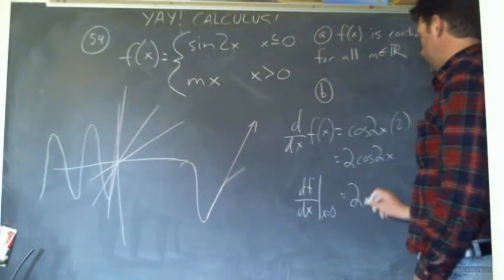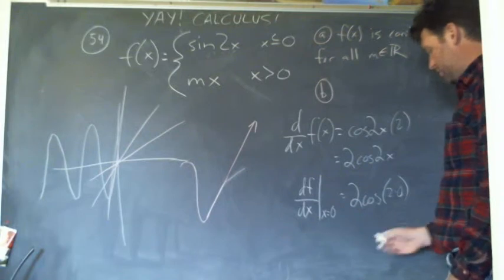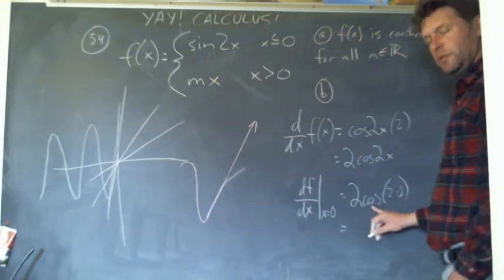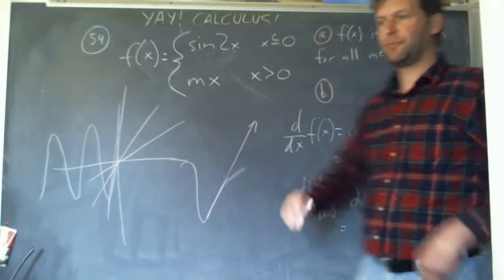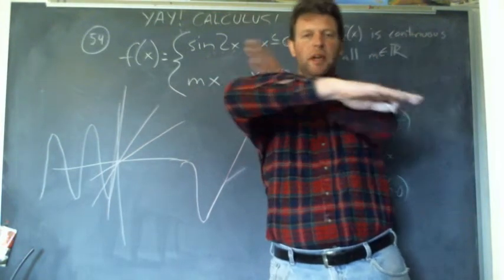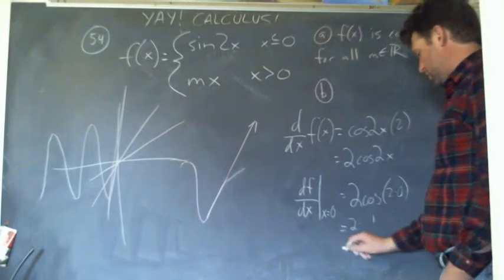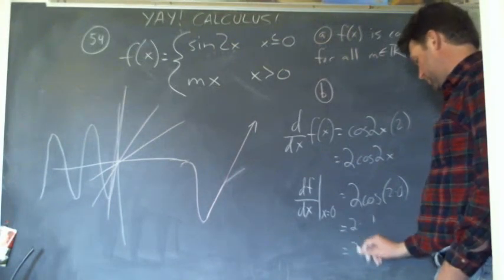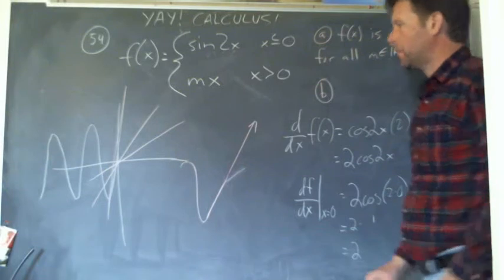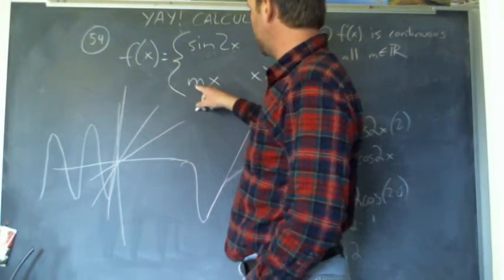That's going to be 2 times the cosine of 2 times 0, which is cosine 0, which is 1. Which is going to be 2. So we need that to have the slope of 2. So this m needs to be 2.